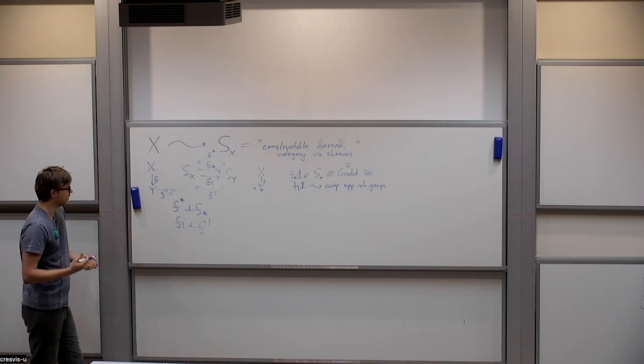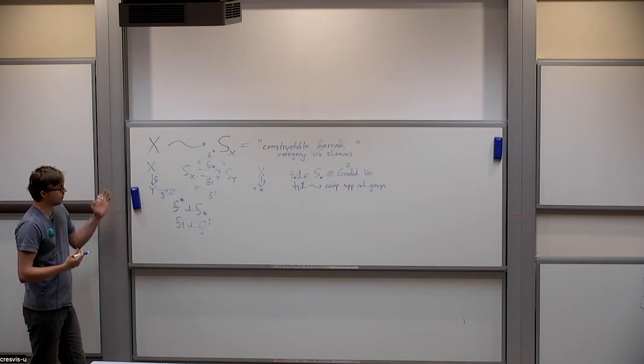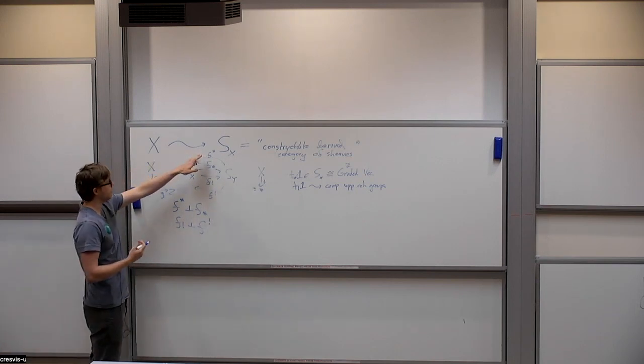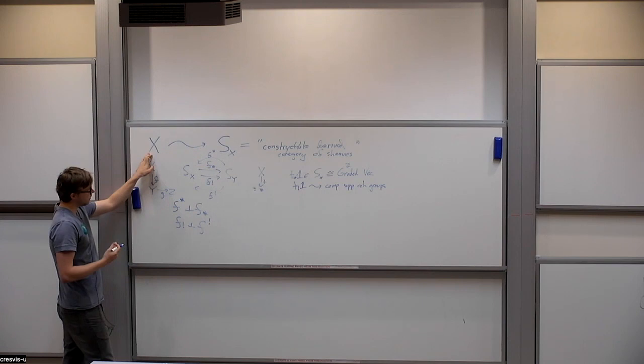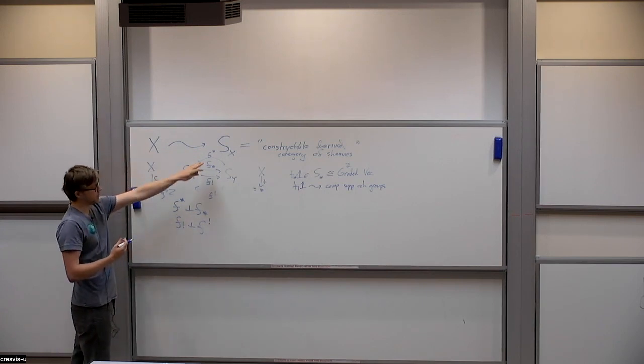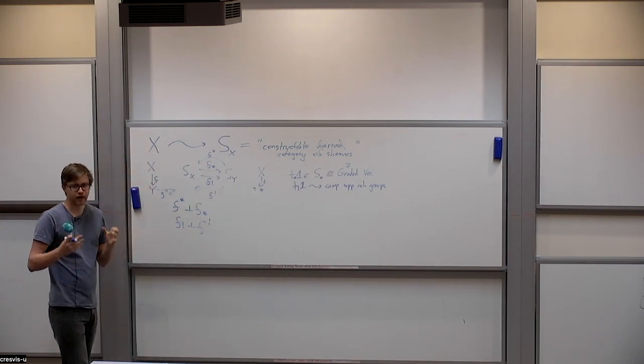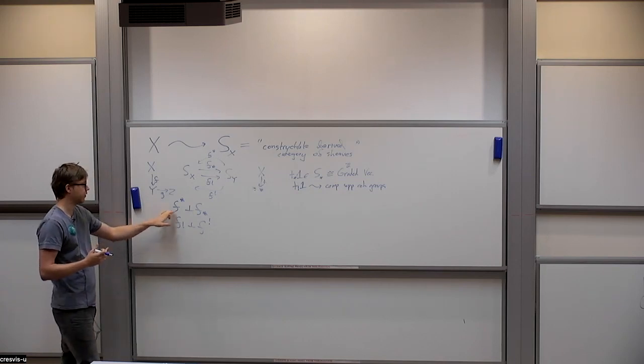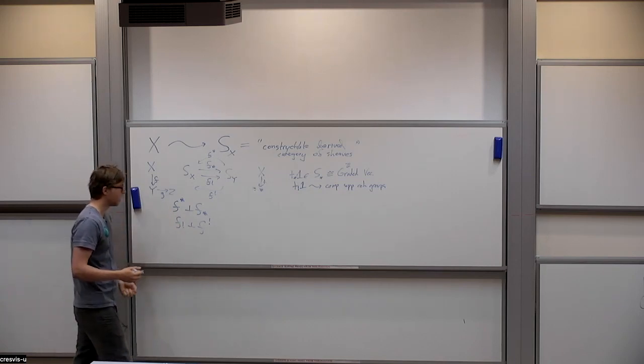So these are all weak 2-functors; this assignment should be thought of as: we've got a category here, and we're mapping it to the 2-category of categories. So there are coherence isomorphisms between all of these different functors.